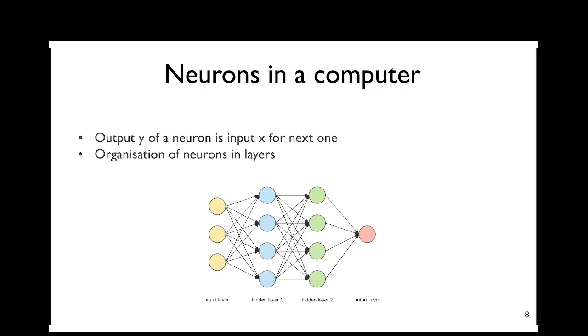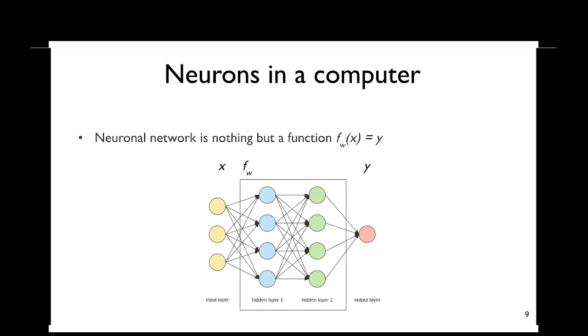And then we create a more complex organization of such individual neurons. So we connect outputs to inputs and we organize our neurons in layers. And here you see on the left the input layer, on the right the output layer, and in between the hidden layers that do the processing.